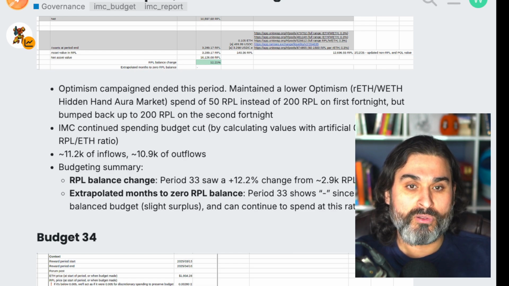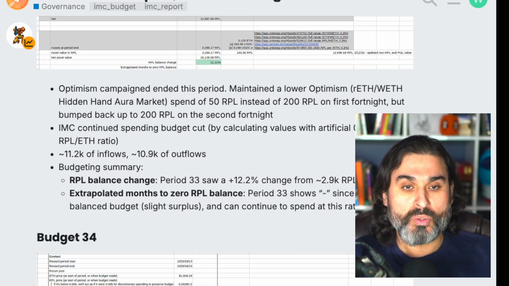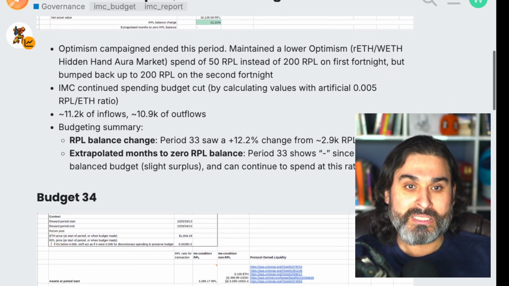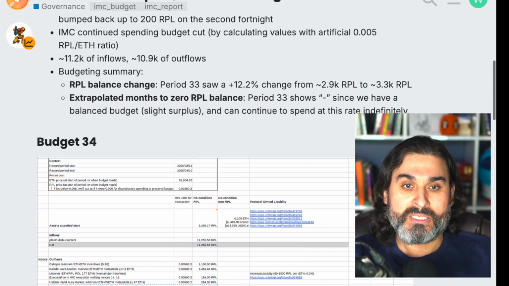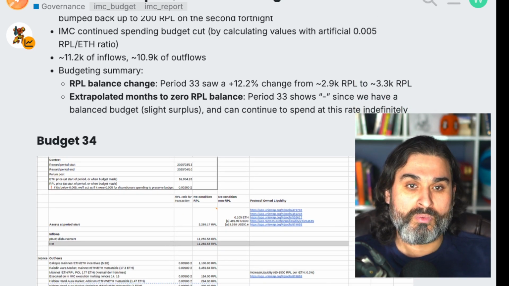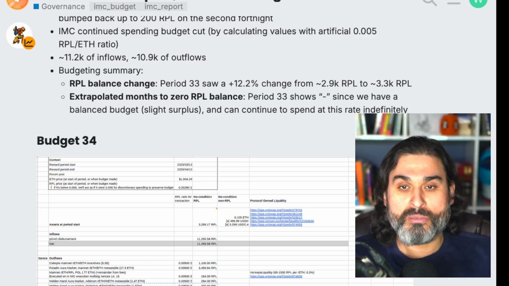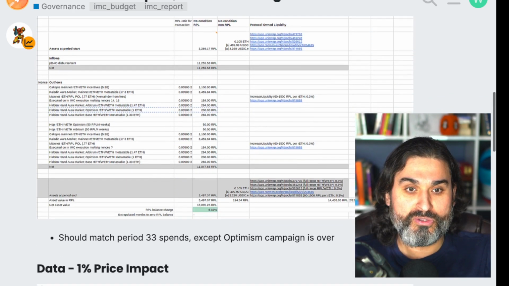The inflows were 11,200 thereabouts. The outflows were 10,900 thereabouts. And then the RPL balance change was 12%, from 2,900 RPL to 3,300 RPL, and extrapolated months to zero. We have a slight budget surplus, so we're not going to go to zero hopefully soon.